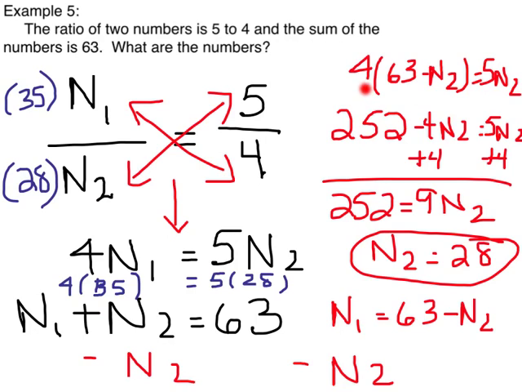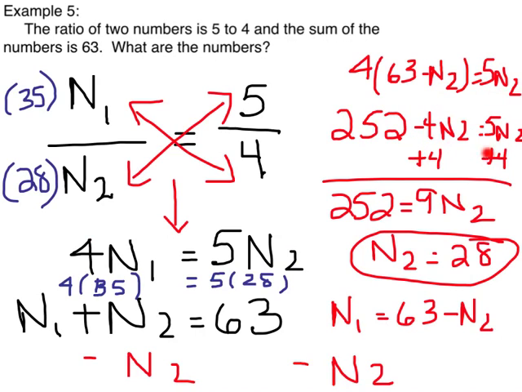I find that if I subtract n2 from both sides here, I end up with n1 equals 63 minus n2. So I can substitute that in to this equation and do my distributive property. 4 times 63 is 252 minus 4 n2 equals 5 n2.